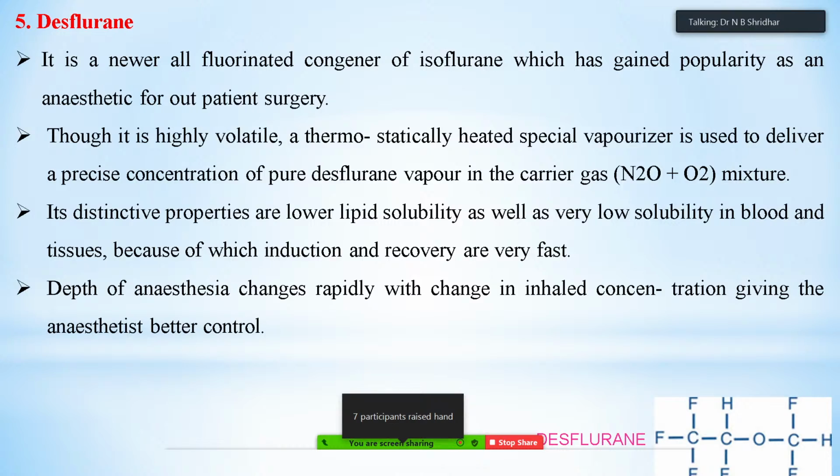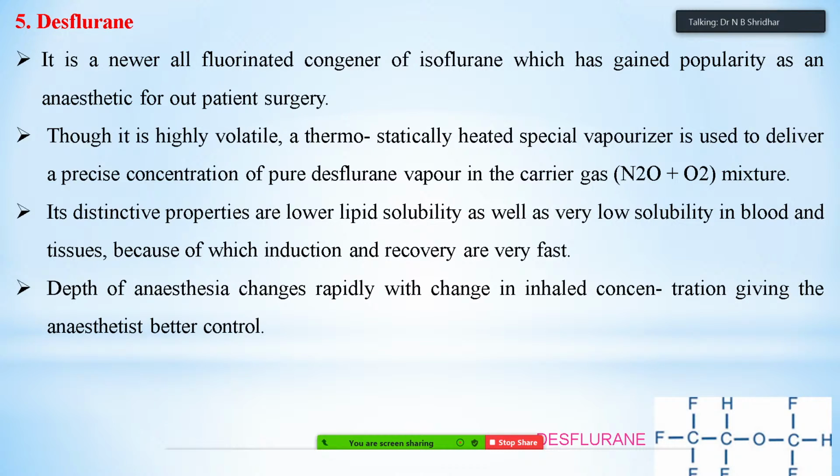Desflurane is a new generation fluorinated congener of isoflurane and has gained popularity as an anesthetic for outpatient surgery. Minor surgeries can be conducted. It is highly volatile. A thermostatically heated special vaporizer is used to deliver a precise concentration of pure desflurane, and nitrous oxide and oxygen are used as the carrier gas.